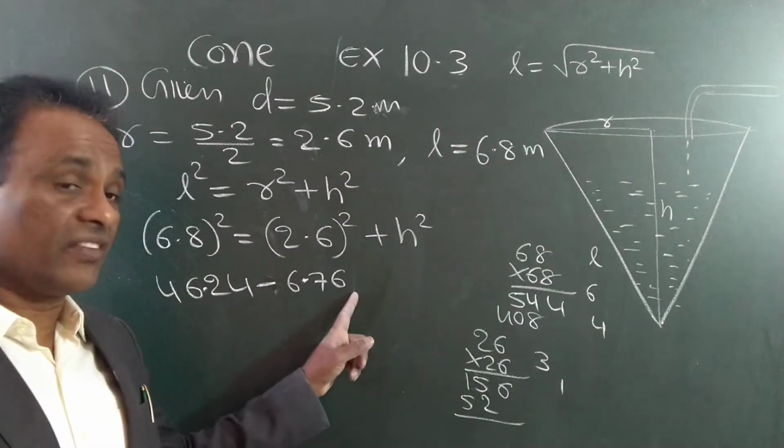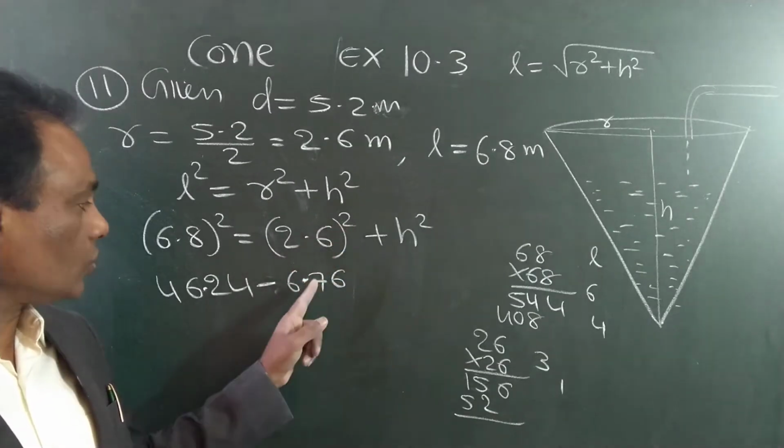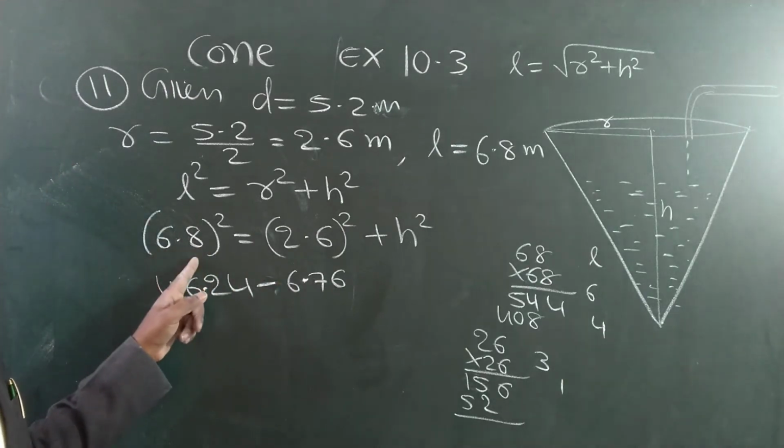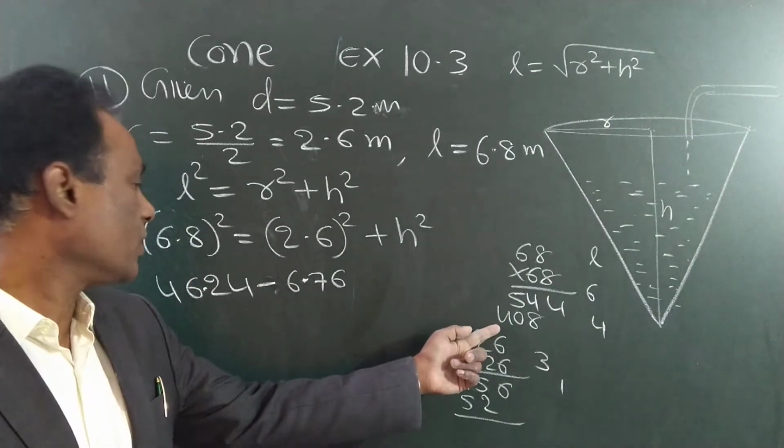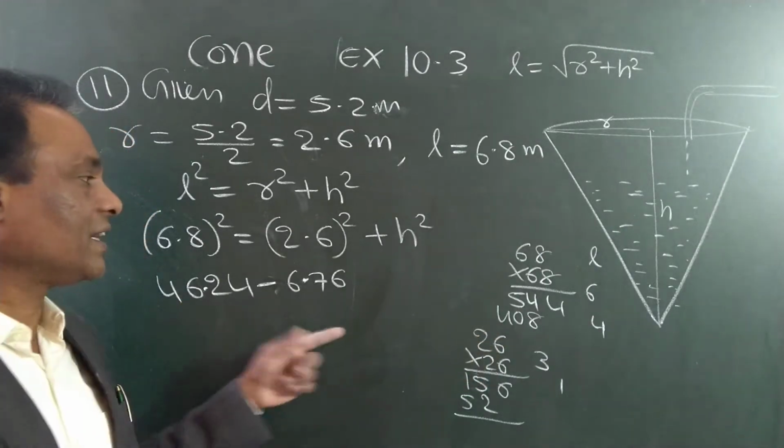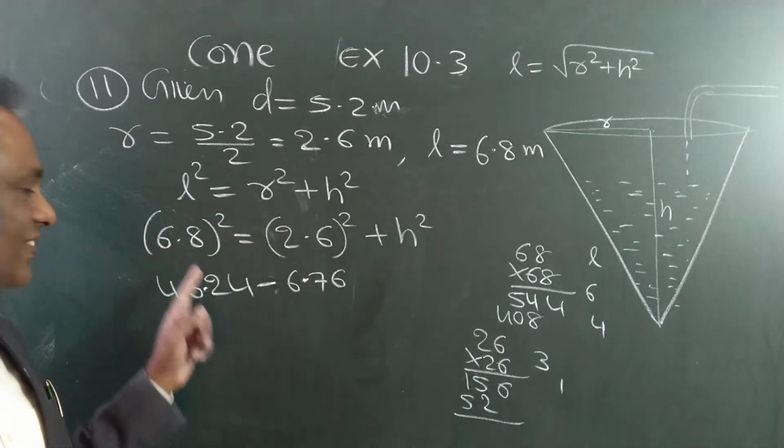Actually this is 676, but decimal two times, so two digits decimal. Here also 68 into 68 is 4624, but decimal one digit, again one digit, two digits decimal.